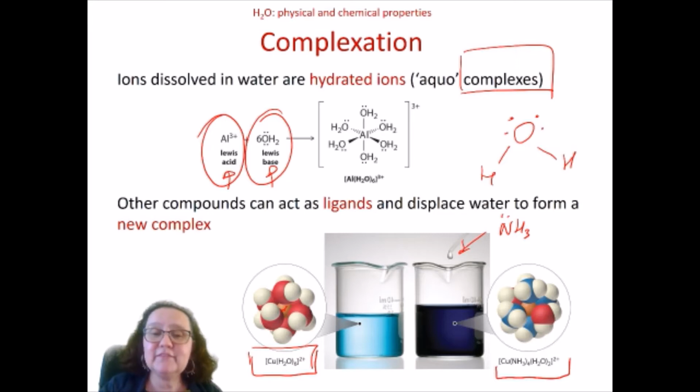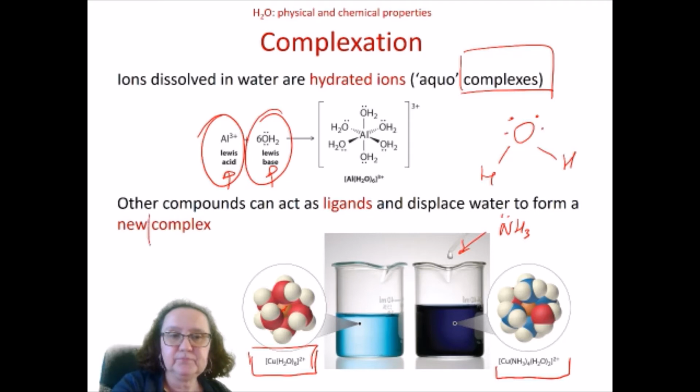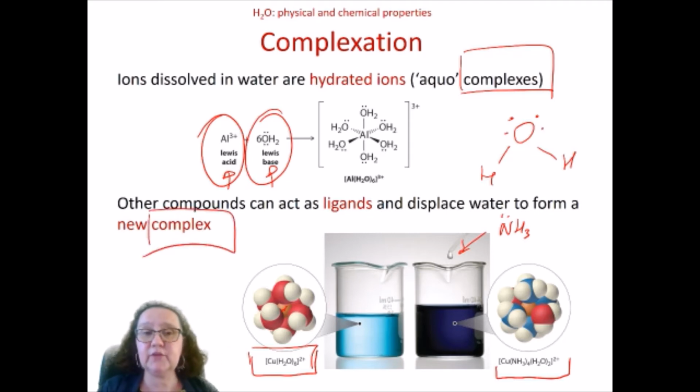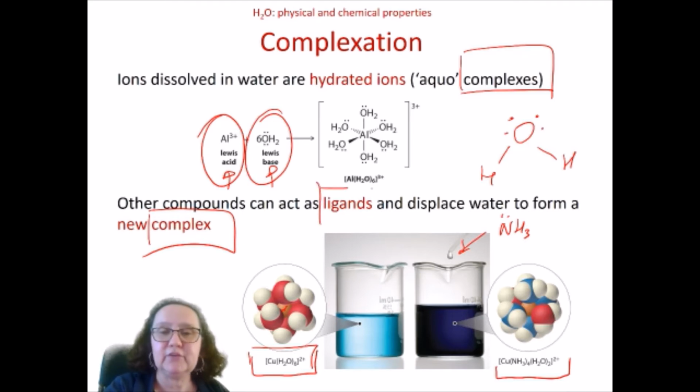We call this entity, this combination of the metal ion and the molecules surrounding it, a complex. So a complex is just a metal ion surrounded by a series of molecules that are interacting with that metal ion by donating electrons. We call the molecules that are surrounding that metal ion ligands.